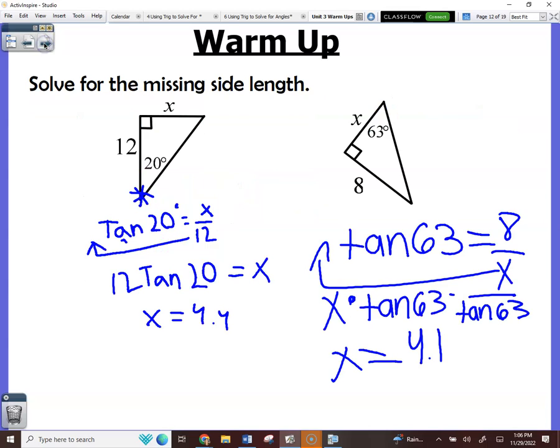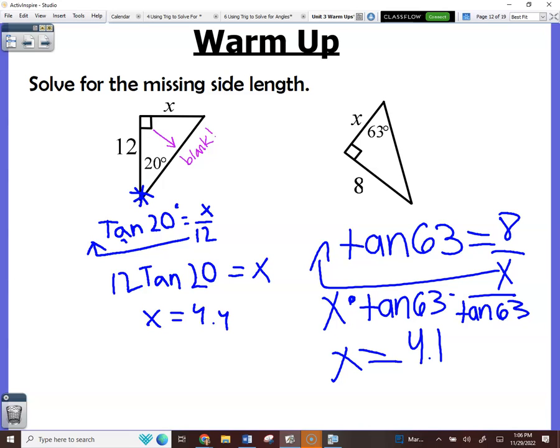Okay, if you have one side of a right triangle and one of the angles, you can use trig. How did we know when we were using tangent? We said if you draw an arrow to the hypotenuse and it's blank, then you knew it was tangent. The first day I taught you tangent, I pointed out the tangent problems.